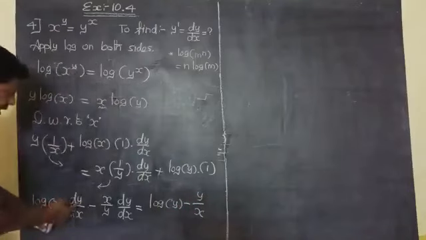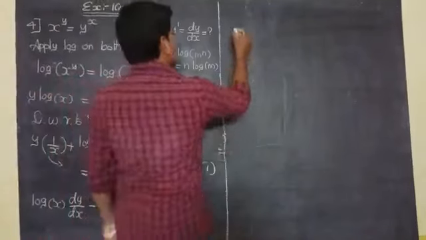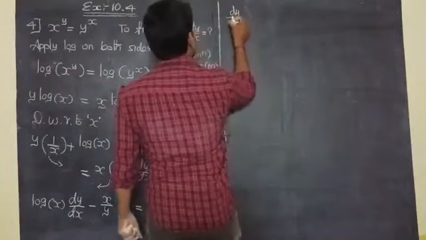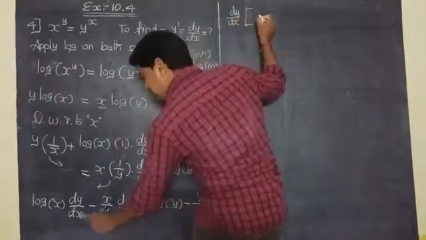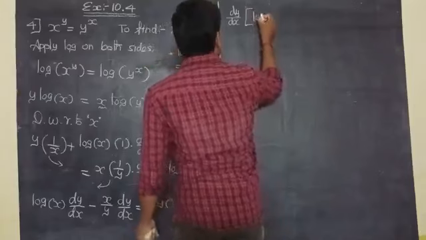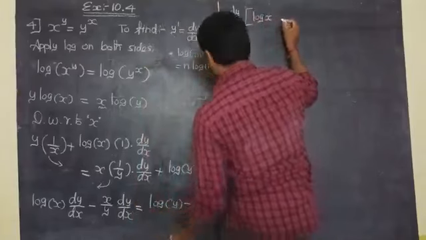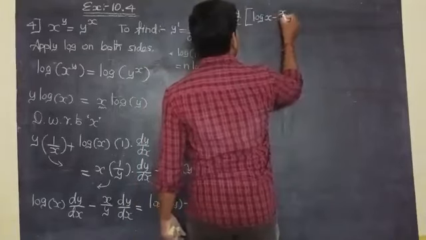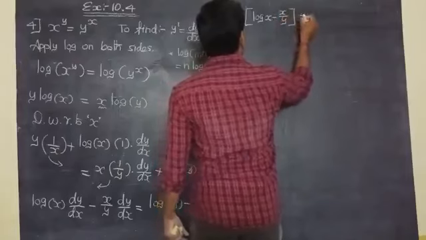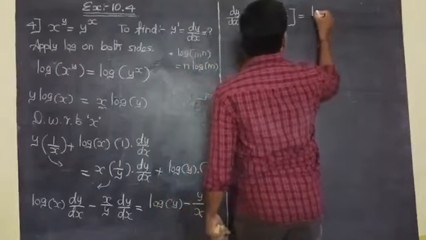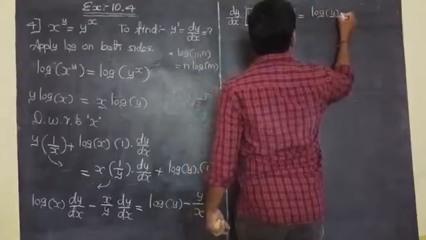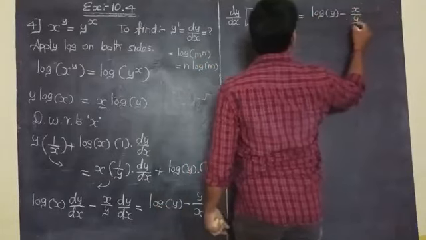Take dy by dx outside in each term. In the remaining, the first term has log x, minus the second term x divided by y, which is equal to log of y minus y divided by x.